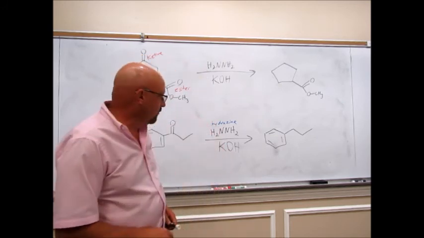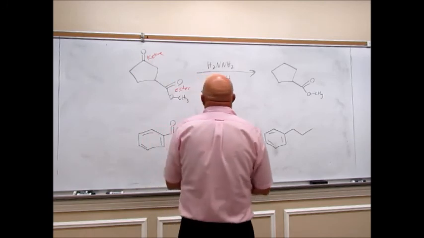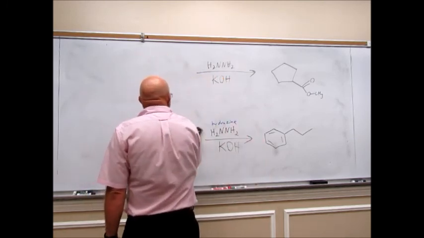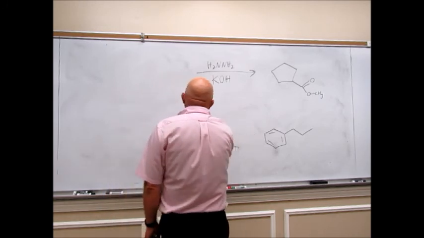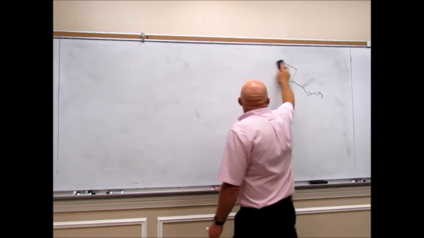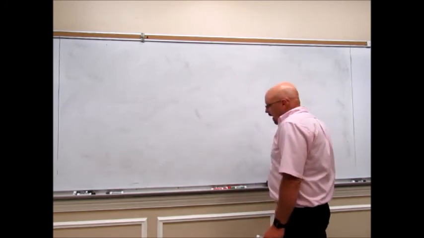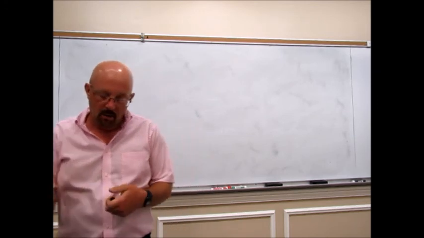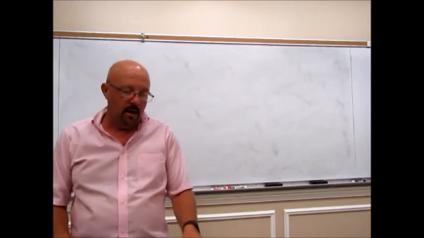Okay, we are next going to be looking at, we've been putting all these groups onto an aromatic ring. So we've been doing electrophilic aromatic substitution. And these groups that are on an aromatic ring, a substituent that's already on there.